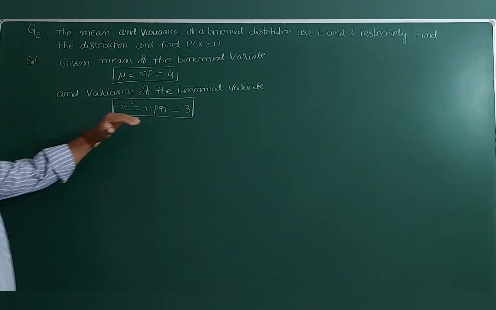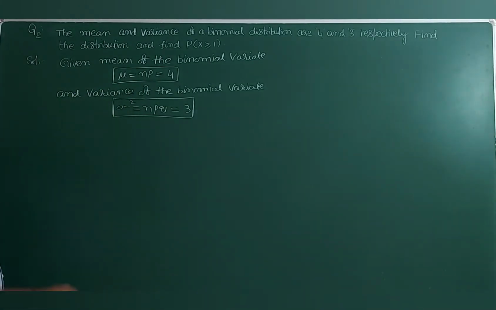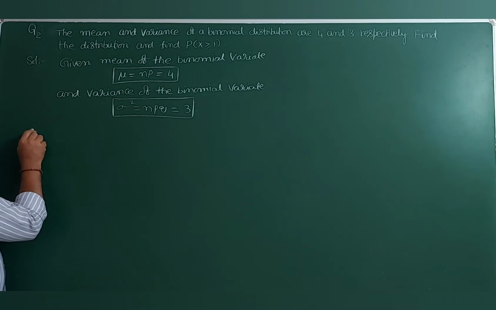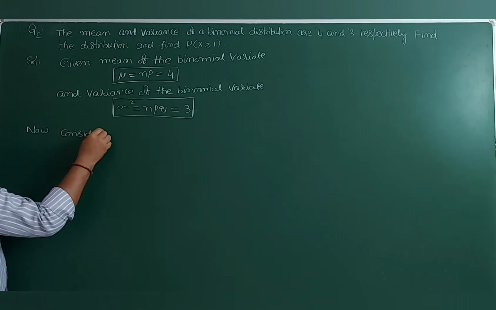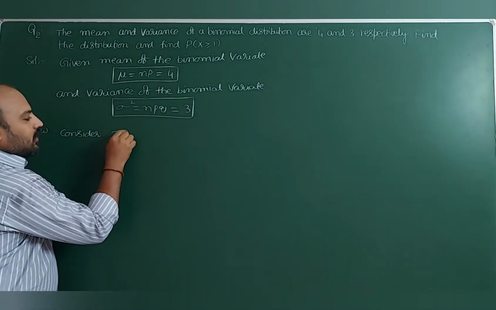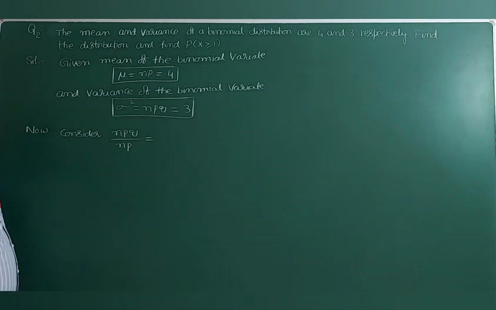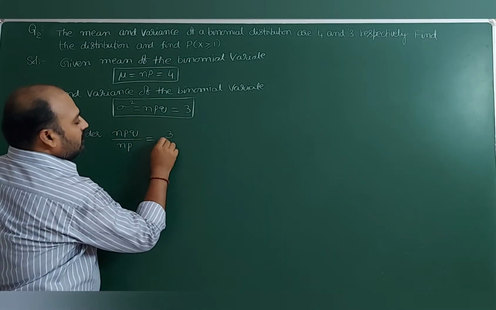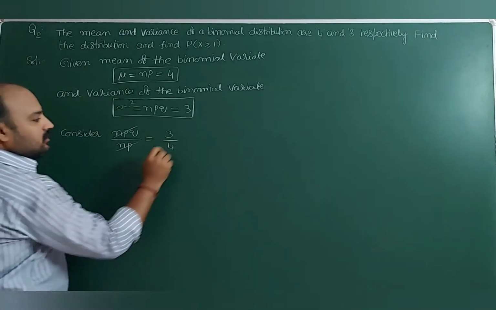Like the previous problem, npq by np, if you do that, q value will come. For the steps we will do it. Now consider npq divided by np is equal to 3 divided by 4, np gets cancelled.